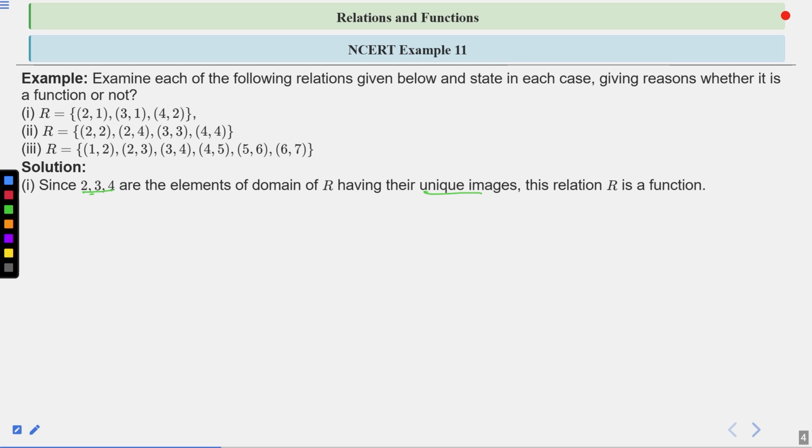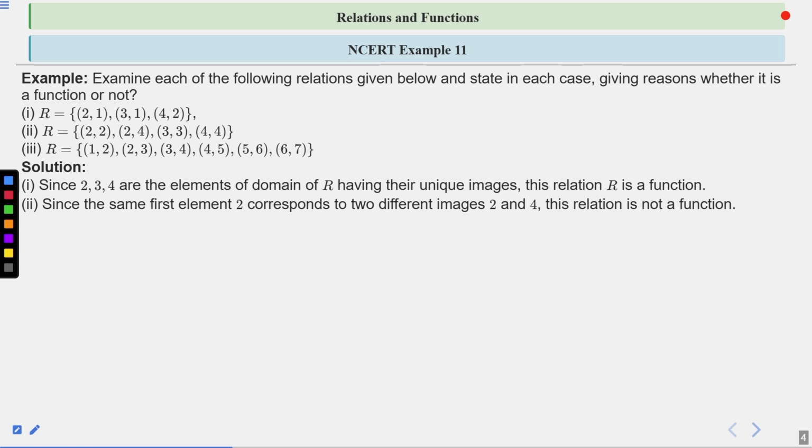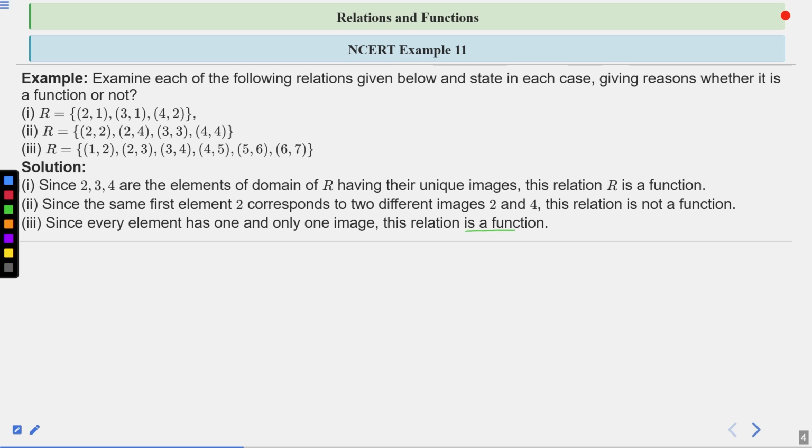So the first one is a function. While in the second, the element 2 from the domain has two different images, so it is not a function. And the third one is a function. Why? Because every element from the domain has one and only one image. Clear? Moving on to the next.